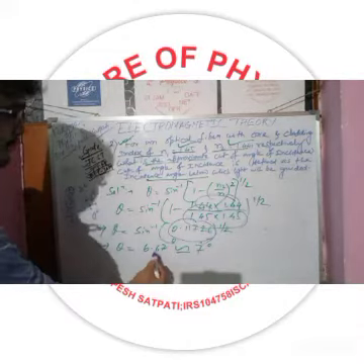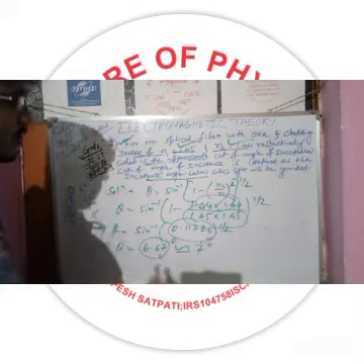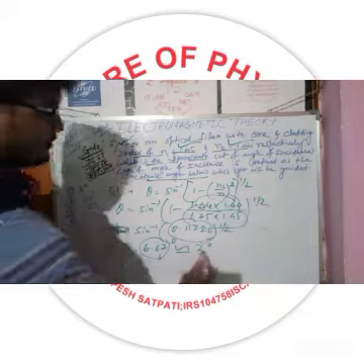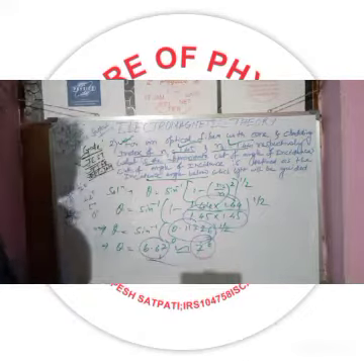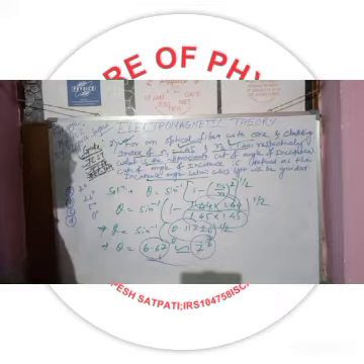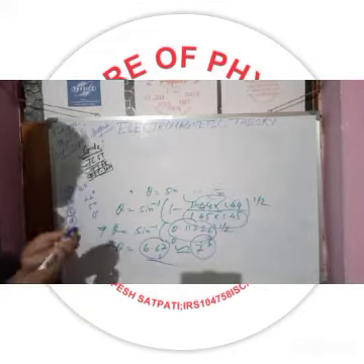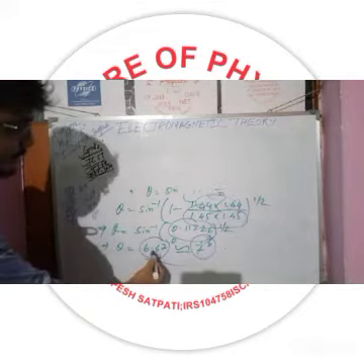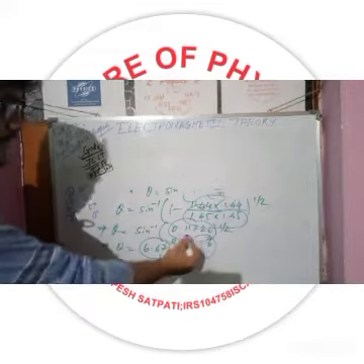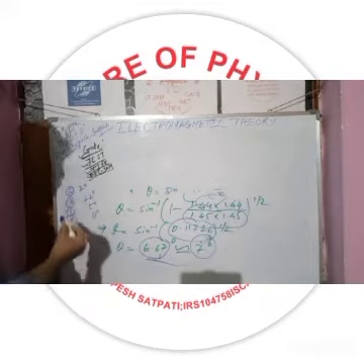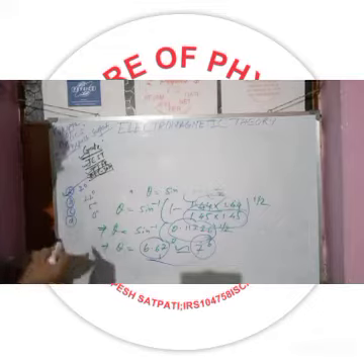Theta is equal to 6.67 degrees, approximately 7 degrees. Then option A is correct, 7 degrees.